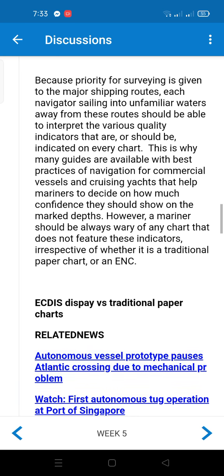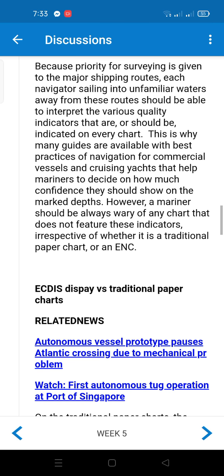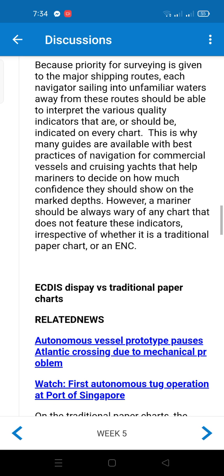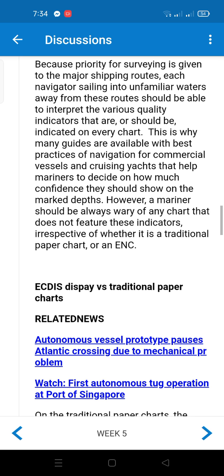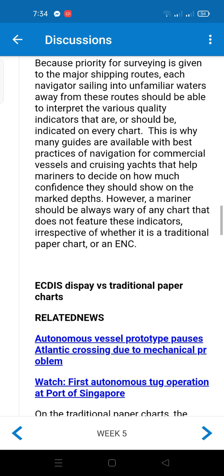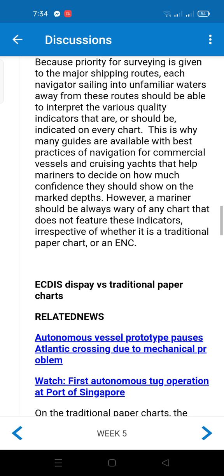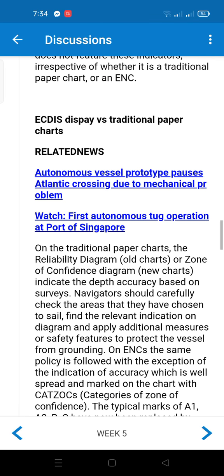This is why many guides are available with the best practices of navigation for commercial vessels and cruising yachts that help mariners decide how much confidence they should show in the charted depths. However, a mariner should always be wary of any chart that does not feature these indicators, irrespective of whether it is a traditional paper chart or an ENC.